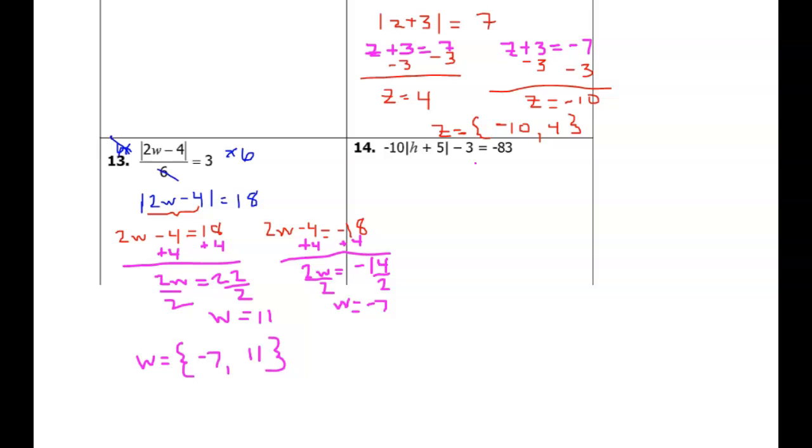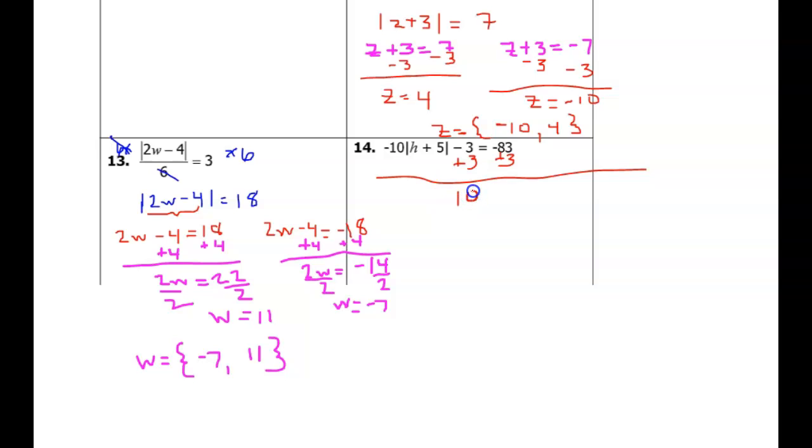So before we divide, we probably want to do what with this? How will we get rid of this 3? Yeah, we want to add 3 to both sides. So, guys, always handle your addition and subtraction first. This is interesting because now there are 2 things happening to the absolute value, so we have more steps to get it by itself.